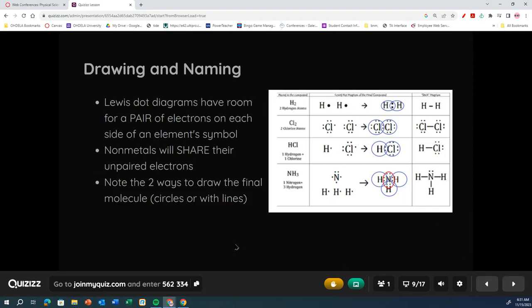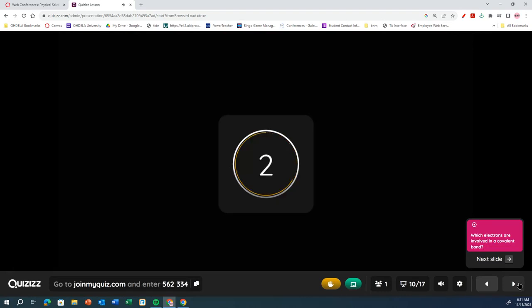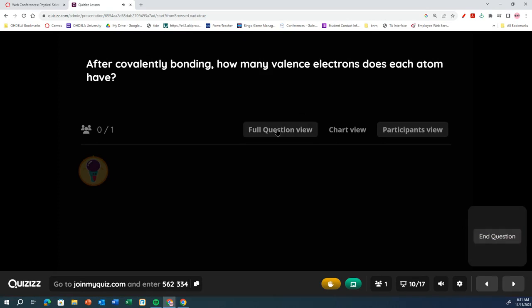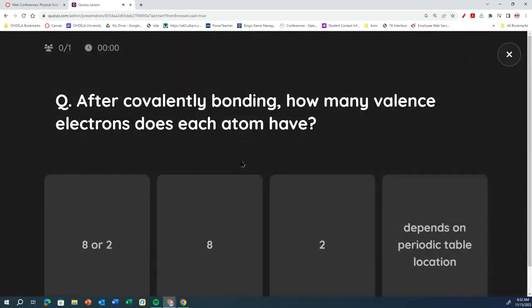The Lewis diagrams have room for a pair of electrons on each side of the element symbol. Nonmetals will share their unpaired electrons. Note the two ways to draw the final molecules, circles or lines. After covalently bonding, how many valence electrons does each atom have?